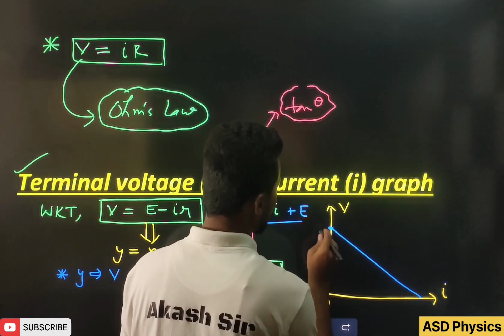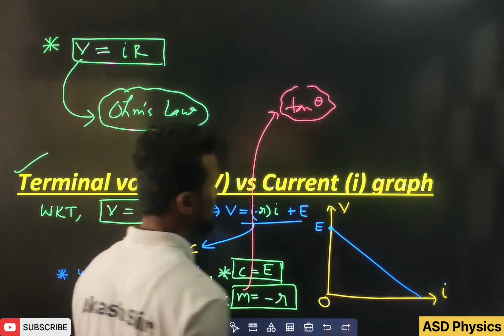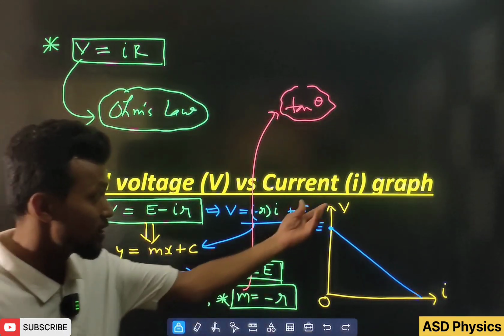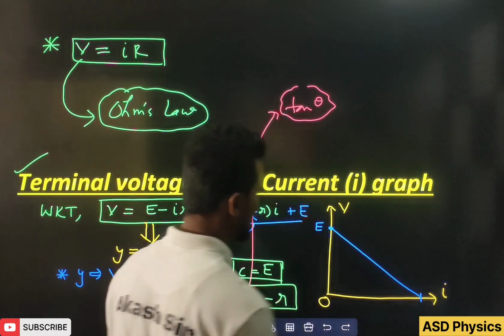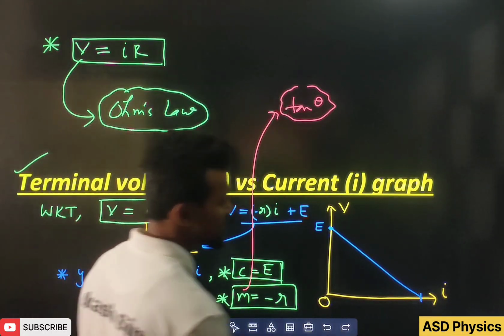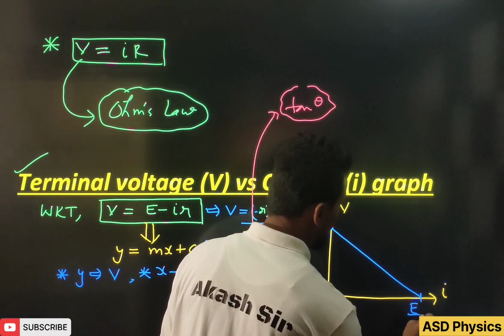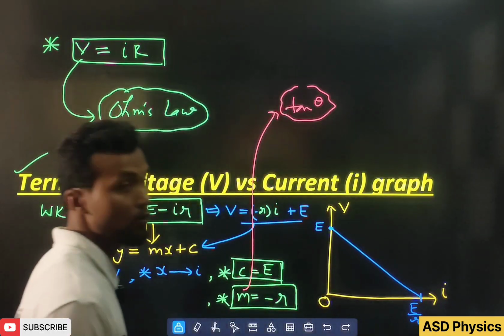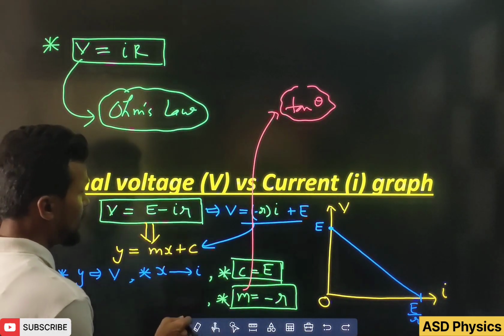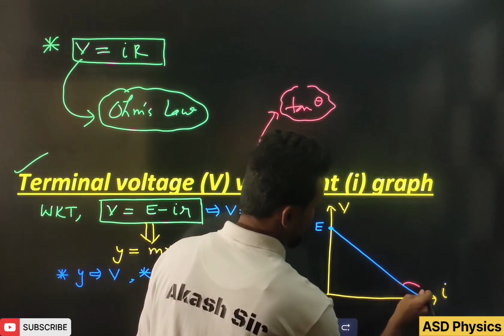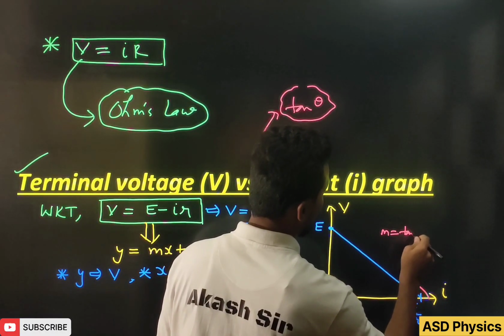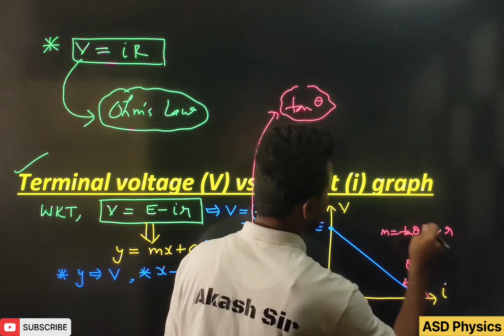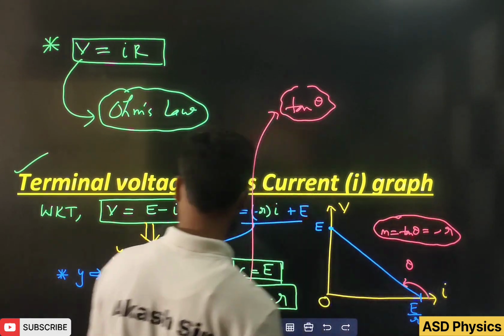This intercept on the y-axis, along the voltage, is E, and this intercept will be E by R. And this slope is theta, so we can write M equal to tan theta equal to minus R.